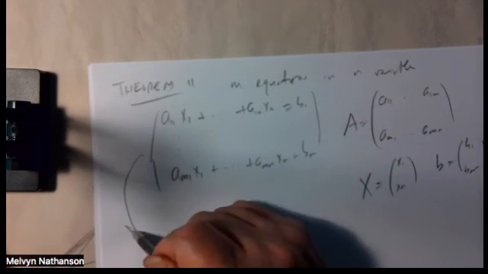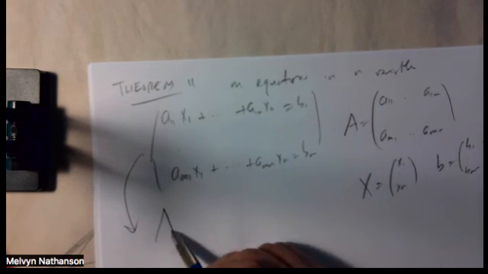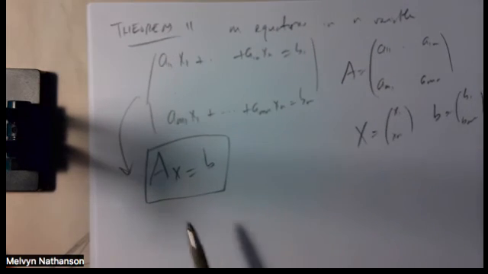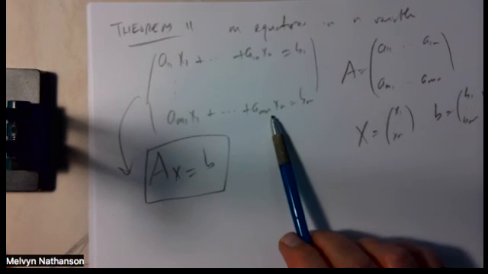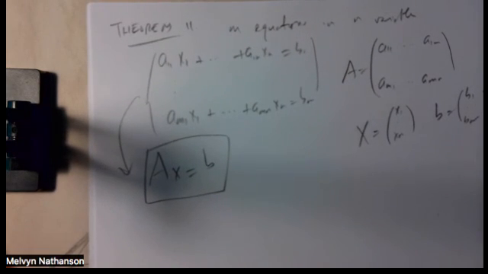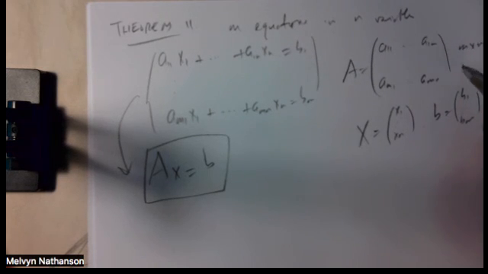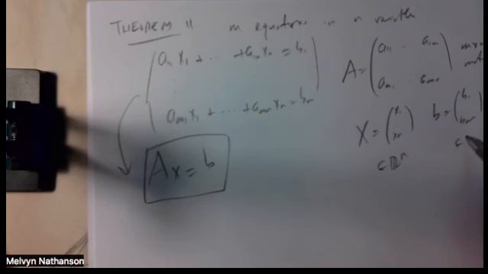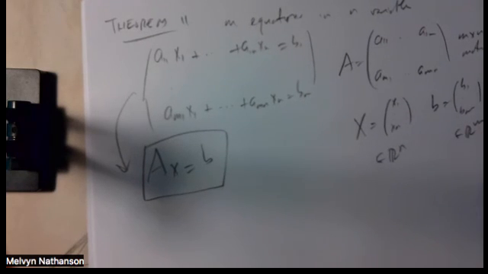You can write this equation equivalently in vector form: Ax equals b. If you equate coordinates, you get exactly this system of equations. And we want to find the least squares solutions. So this is an m by n matrix, x is in Rn, b is in Rm.